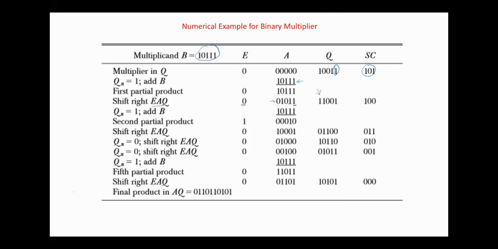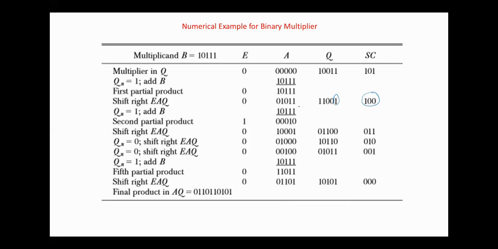So after shifting, we'll have here 0, 1, 0, 1, 1. This 1 is shifted here, 1, 1, 0, 0, 1. The sequence counter is decremented by 1, and since it is not 0, we inspect the next bit in Q.